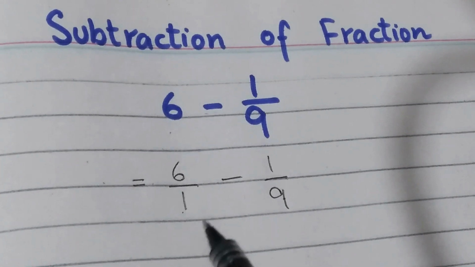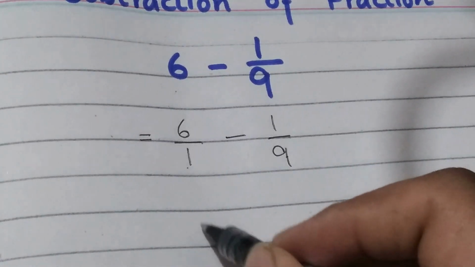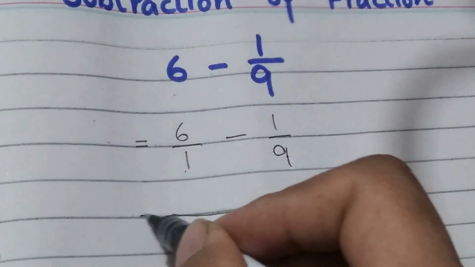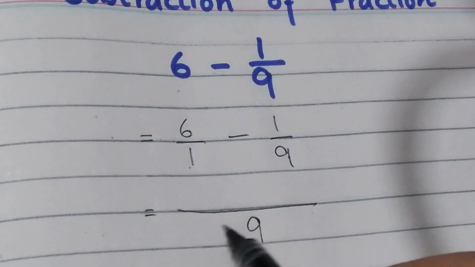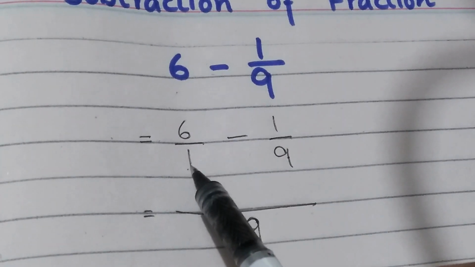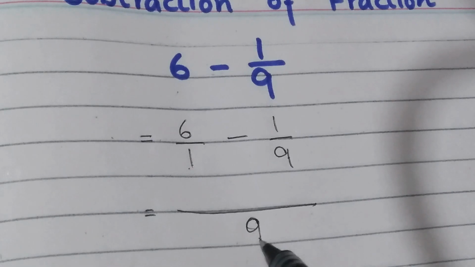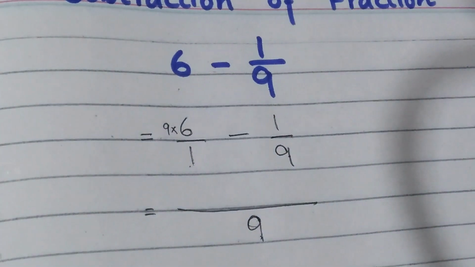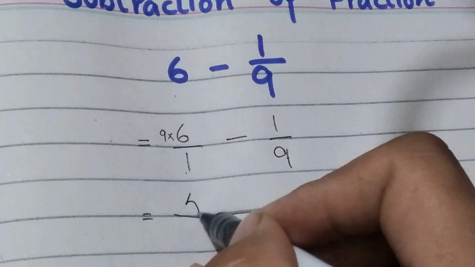Now we will multiply again, taking our LCM. 9 multiplied by 1 is 9. So here I am writing 9 as the LCM. Now 1 multiplied by 9 is 9. So 9 multiplied by 6 is 54.